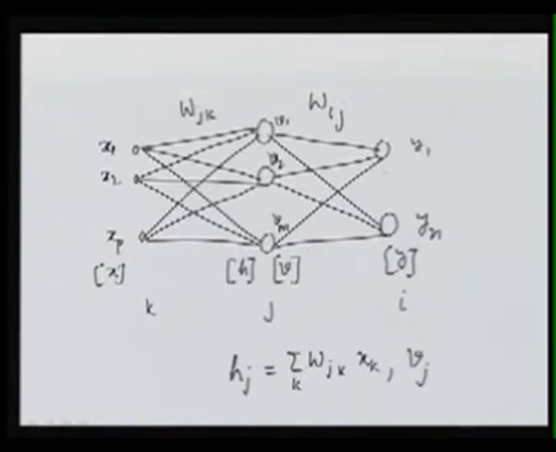So, V_j is simply 1 upon 1 plus e to the power minus h_j, that is after the sigmoidal activation.